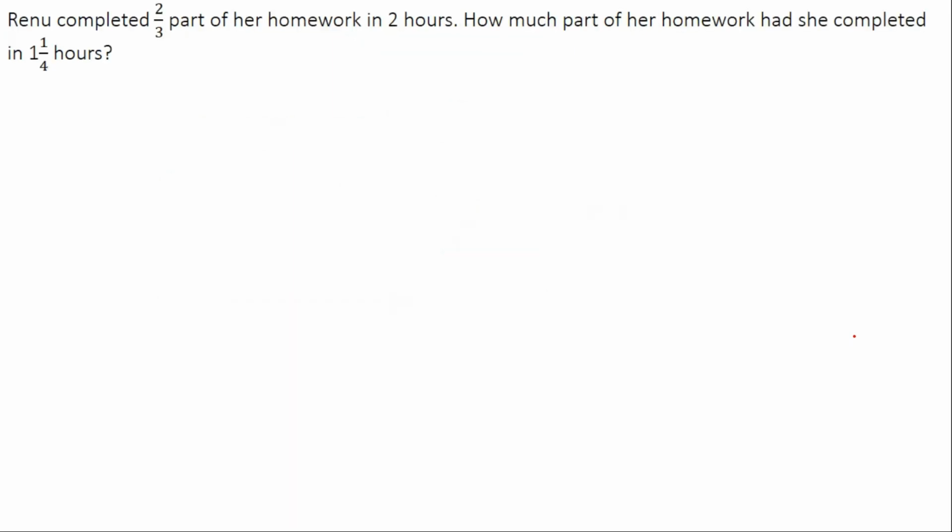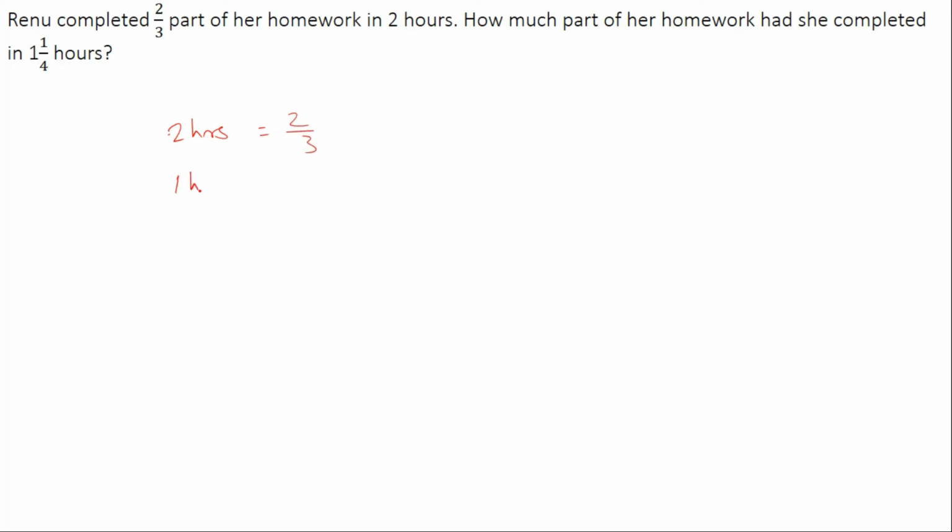Renu completed 2/3 part of her homework in 2 hours. So how much part of her homework had she completed in 1 whole 1/4 hours? So we will use the unitary method again. So in 2 hours she is completing 2/3 part.